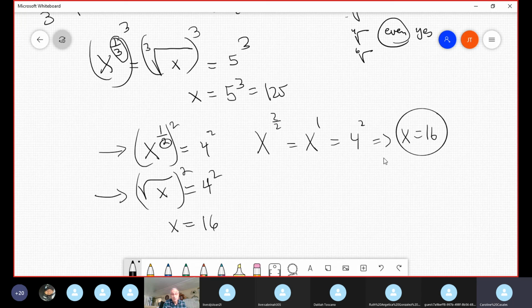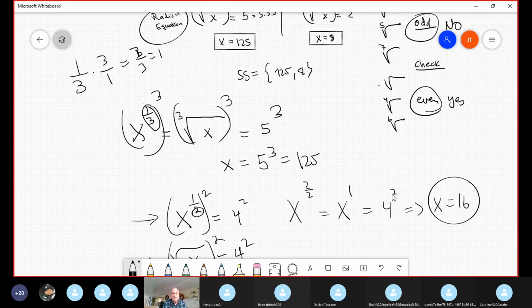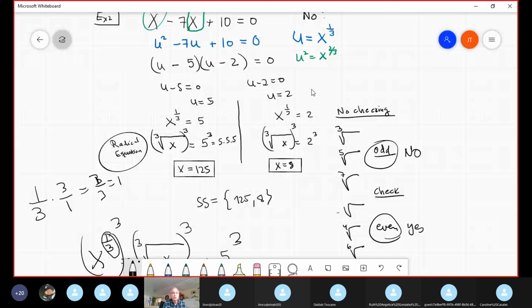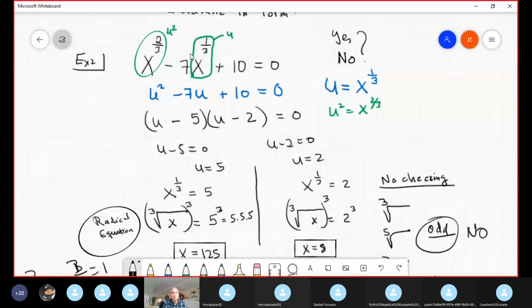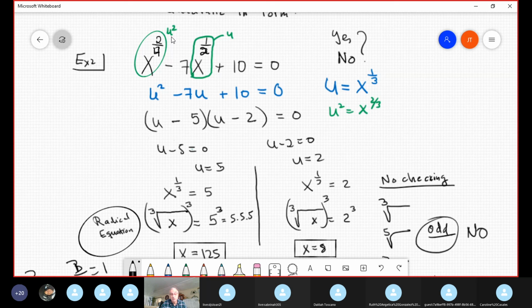Well, it depends on the index of the root. In this example number 2, the exponent is a fraction whose denominator is 3. That is the reason we are working specifically with the cubic root. But in the example I tried to do, but have no time, it's 4 here, and 2, so square root. It's different, right? Depending on the problem.